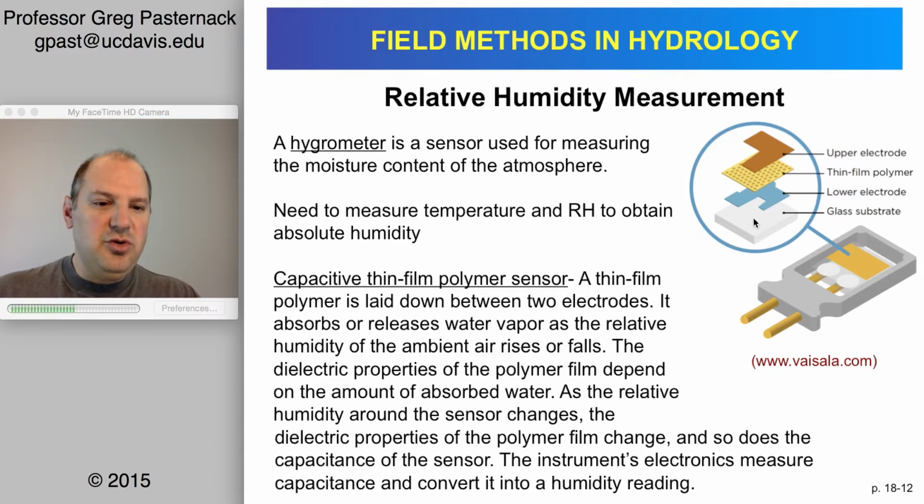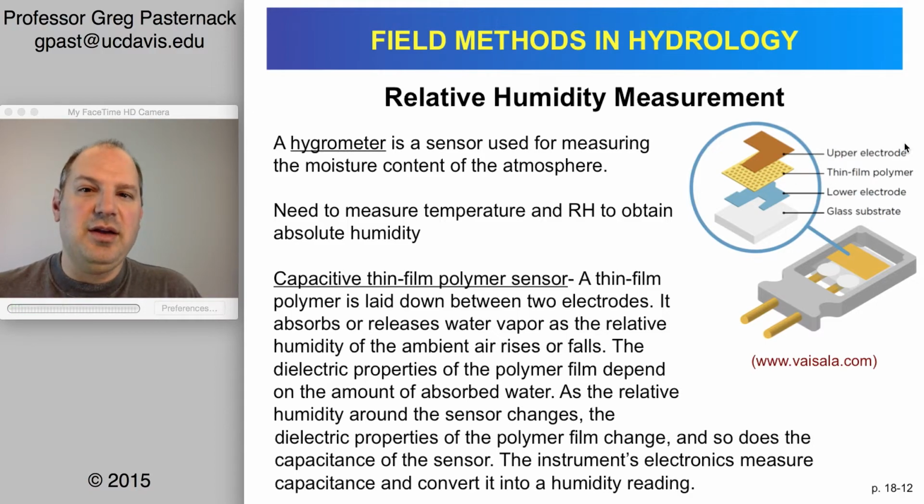What they do is they have electrodes which are sticking out, an upper electrode and a lower electrode. Between them, there's a thin film polymer that's porous enough so that water can get into it.